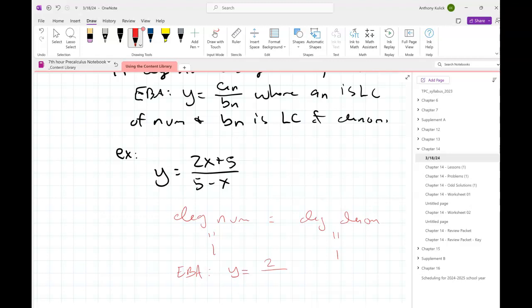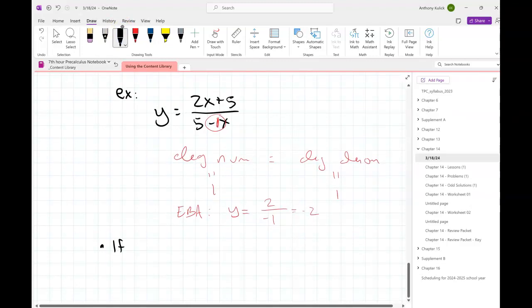Not 0. Minus 1. Why is it minus 1? There's a 1 in front of the x, and there's a subtraction symbol in front of it, right? So y equals -2 should be our end behavior asymptote there.